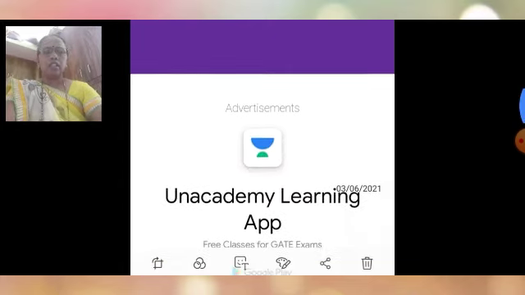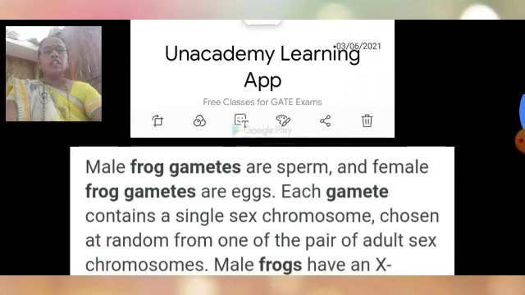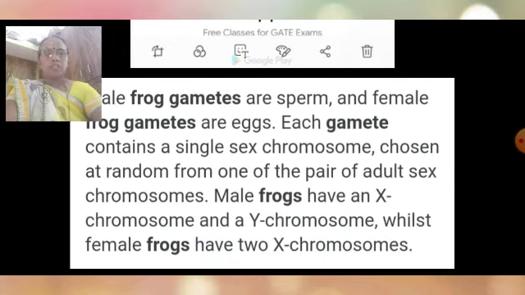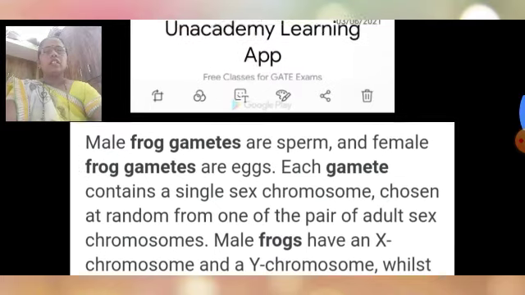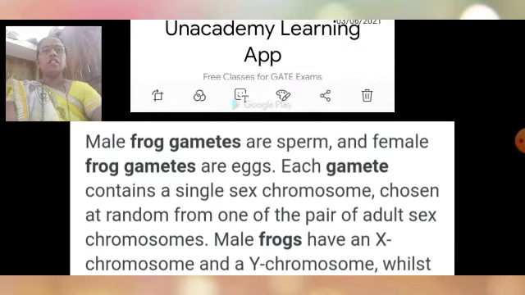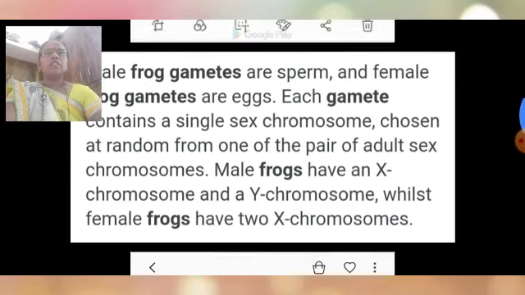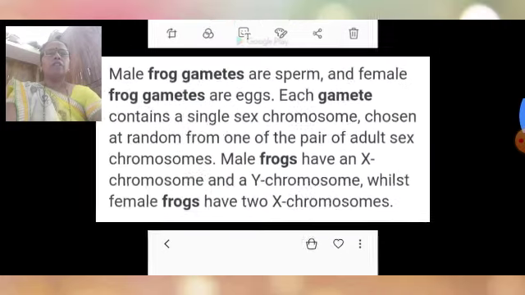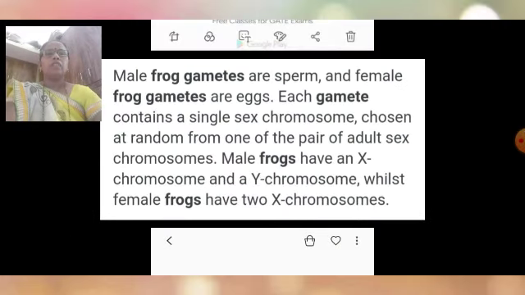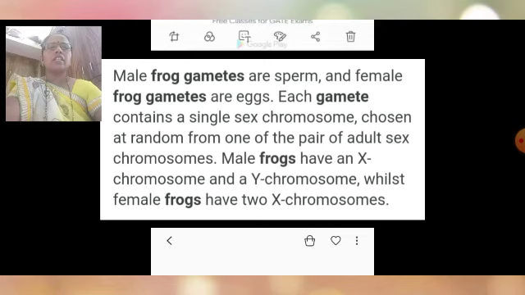Yes, students, in the last period we saw the types of eggs. In this period, we see the gametes of the frog. Male gametes of the frog are the sperm and female gametes are the eggs. Each gamete contains a single sex chromosome chosen at random from one of the pair of adult sex chromosomes.